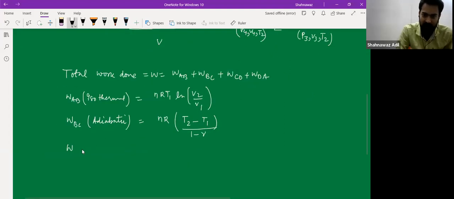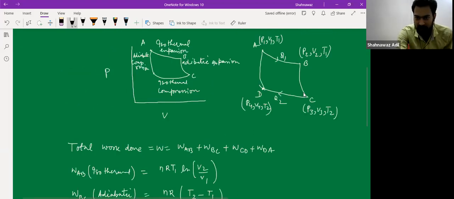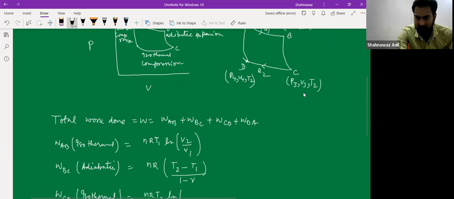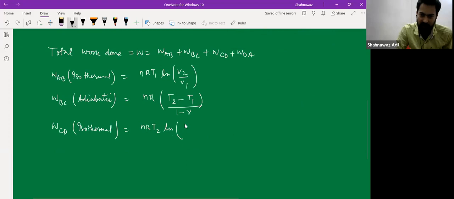And for CD, we have isothermal again. So this would be nRT2 ln of what? C to D is V4 and then V3, right? So V4 by V3.